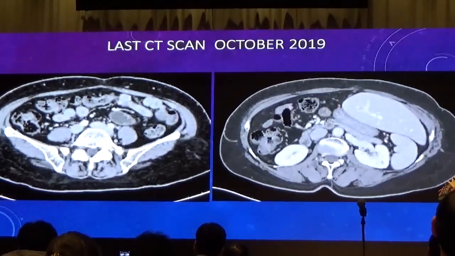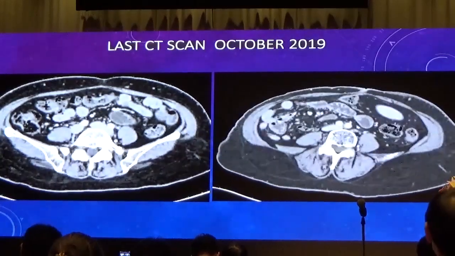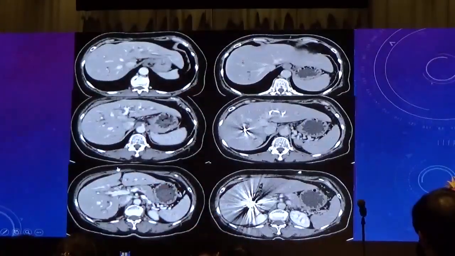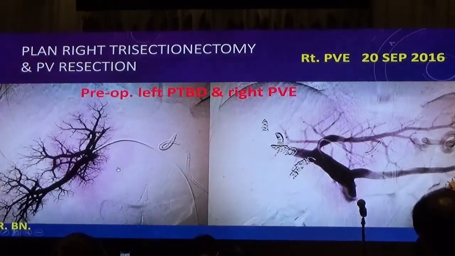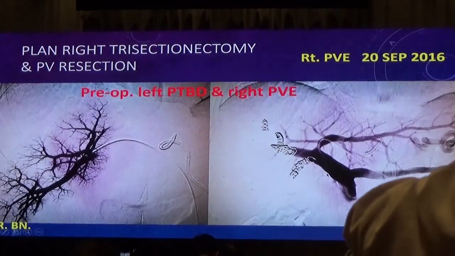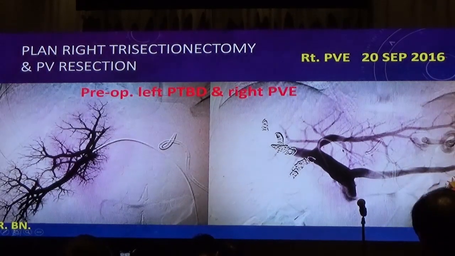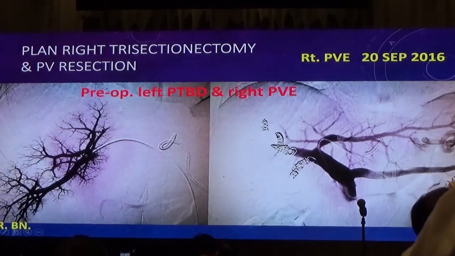Let me see the CT after portal vein embolization. Preoperative images. This is the left portal vein.